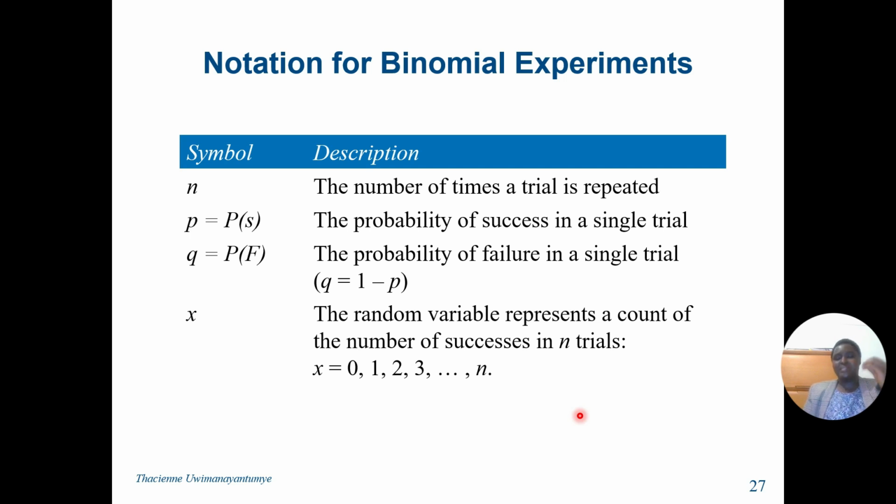The experiment is repeated n times, and trials are independent. No one depends on the other one, and the probability of success is the same for all trials, and the probability of failure is, of course, equal to 1 minus the probability of success. So if we count how many successes we have among the n trials that we have performed, that random variable that counts those possible successes will be a binomial distribution.